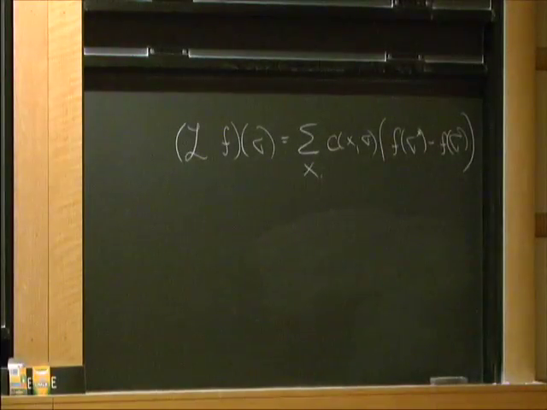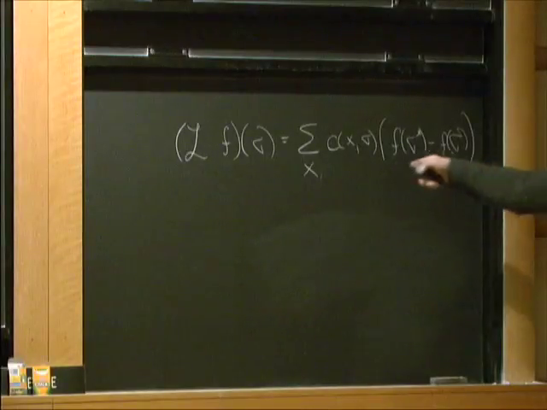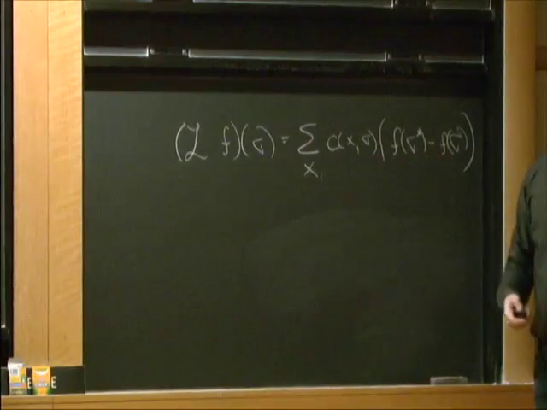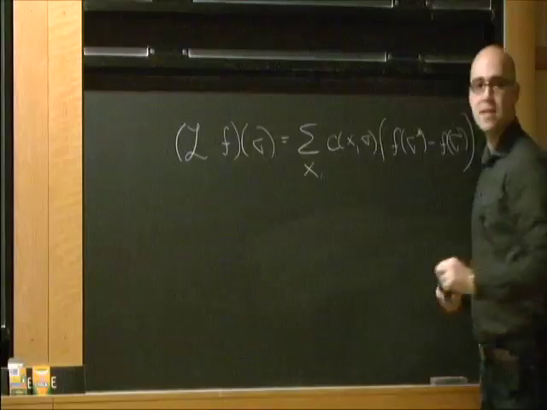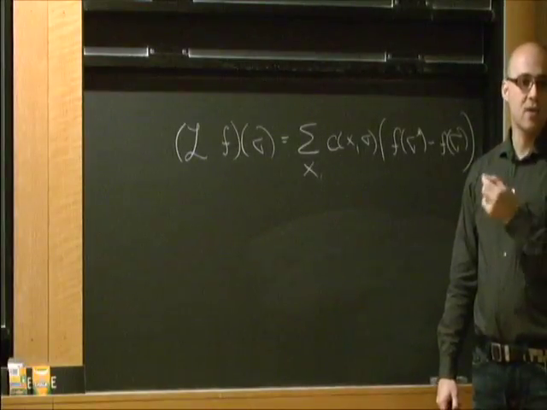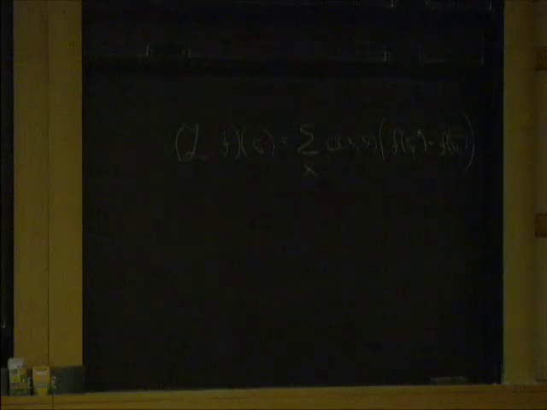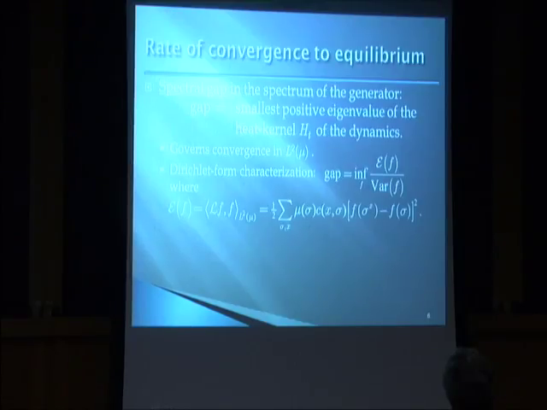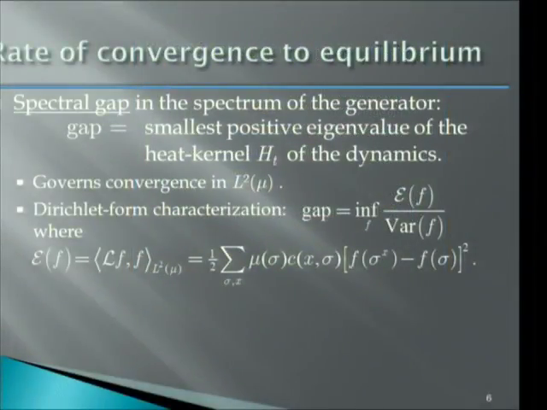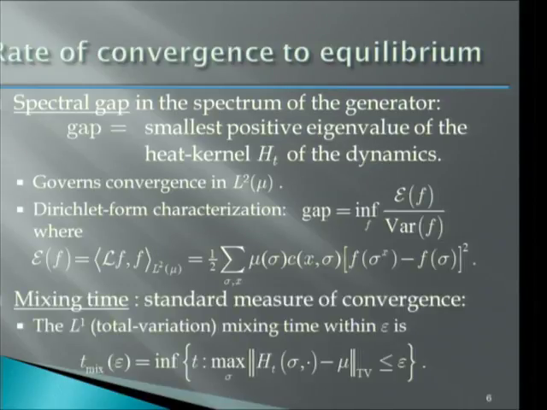Sorry, what is the c again? These are the rates of flipping site x in sigma. And these are the ones that you can define whichever way you want in order to create either heat bath or Metropolis. So you write down an explicit formula, and you get that the rate of flipping x in a certain configuration corresponds exactly, given its neighbors, to the stationary distribution, and so on.